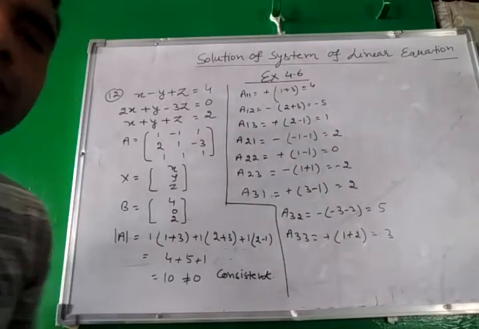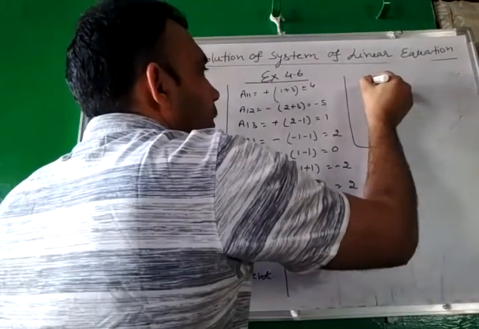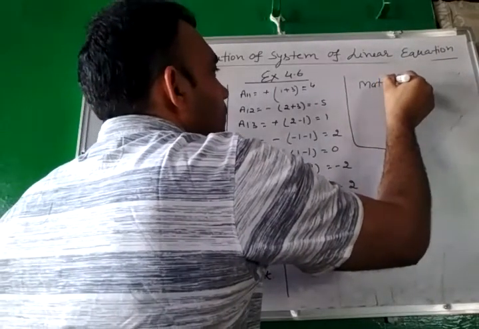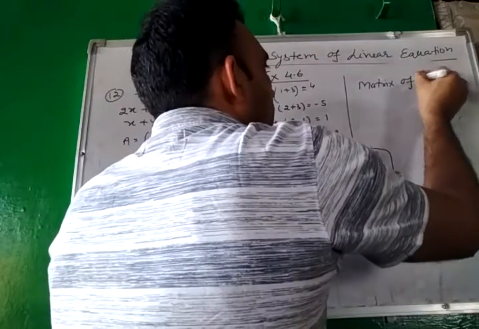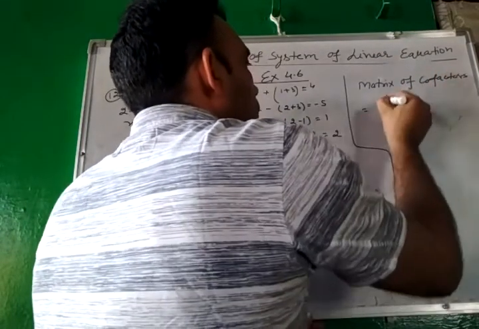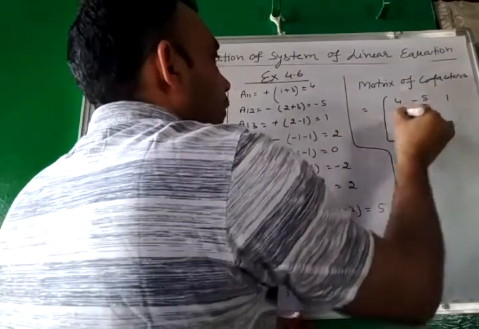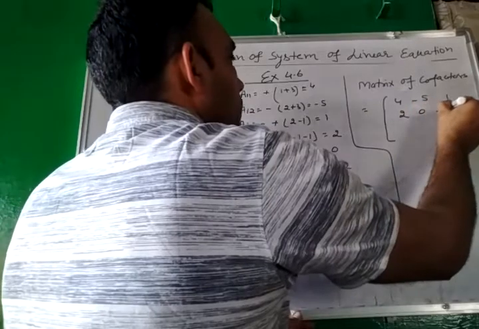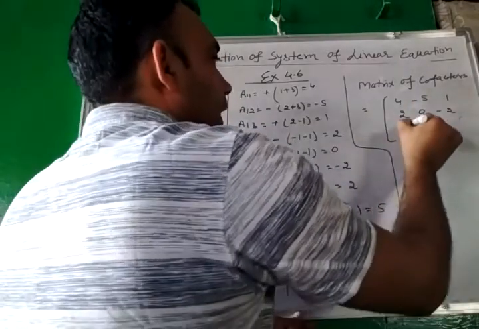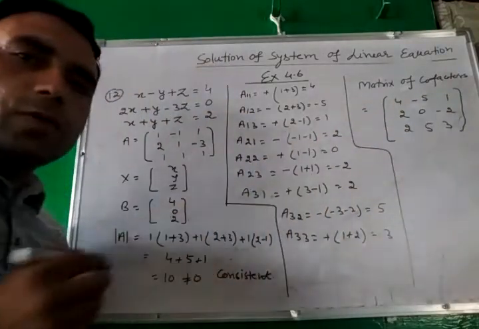Now matrix of cofactors. Matrix of cofactors is equal to 4, minus 5, 1, 2, 0, minus 2 and 2, 5, 3. This is matrix of cofactors.